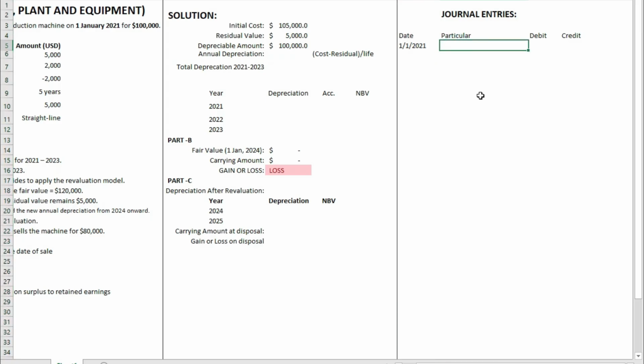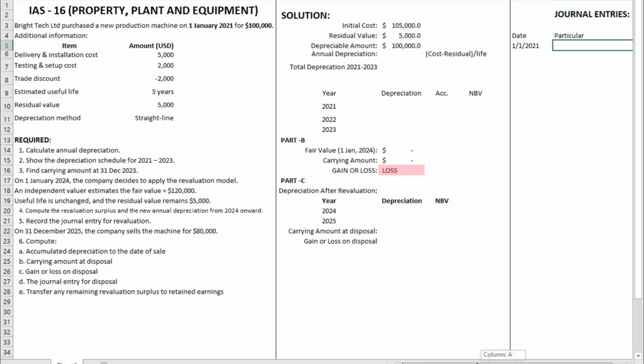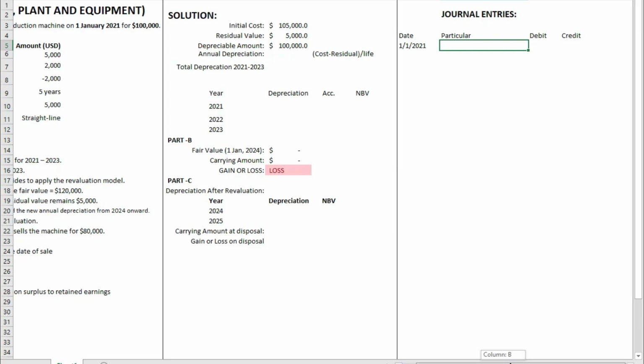So which account would be debit? We purchase the machine, so it means to say the asset is increasing. So we will debit the property, plant and equipment account, and write down there machine. Debit the amount, how much?